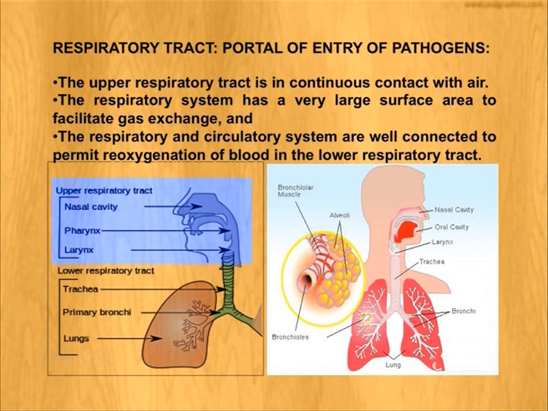The upper part is in close contact with the air outside through the nostrils and can allow the entry of a host of pathogens. Throughout, especially at the lower level, the surface area is very large because these are meant for gas exchange.